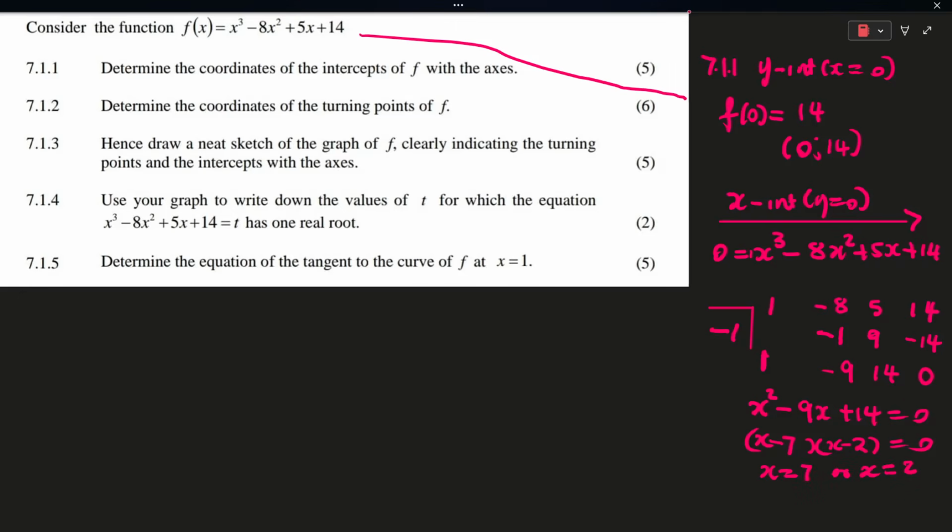So x is equal to 2, and then remember, there's x is equal to minus 1. So what are the answers, guys? It's (minus 1; 0), (7; 0), and (2; 0). These are the x-intercepts of that graph.